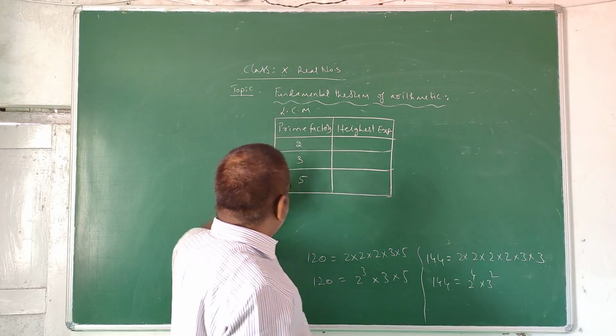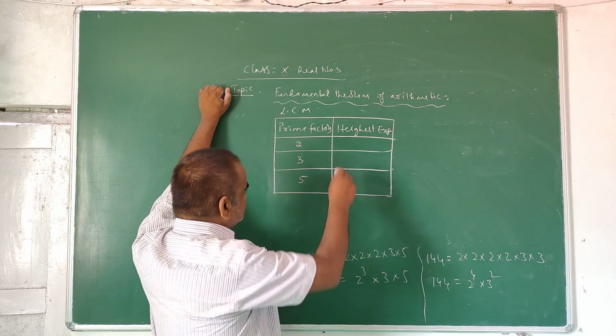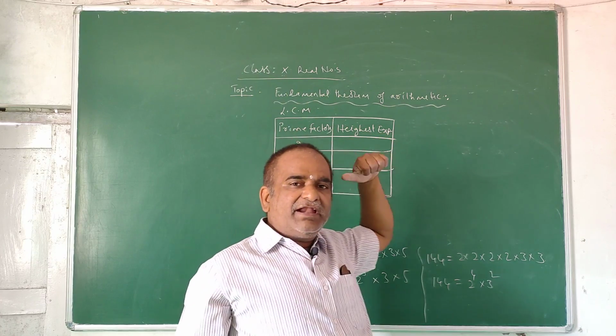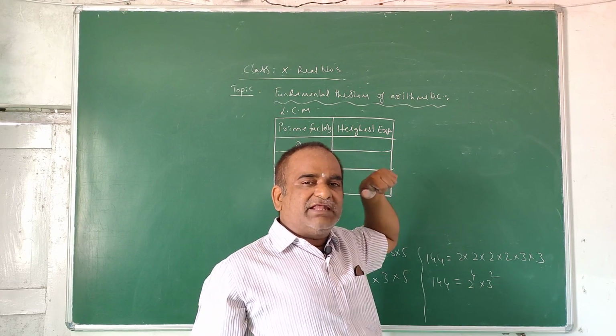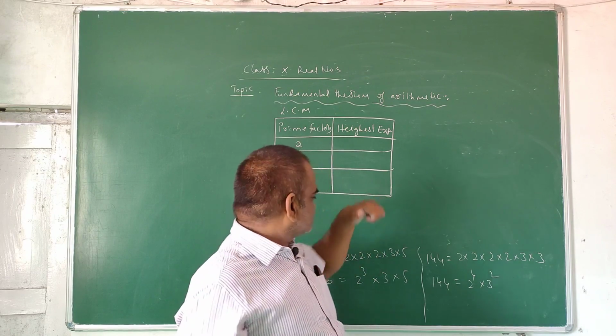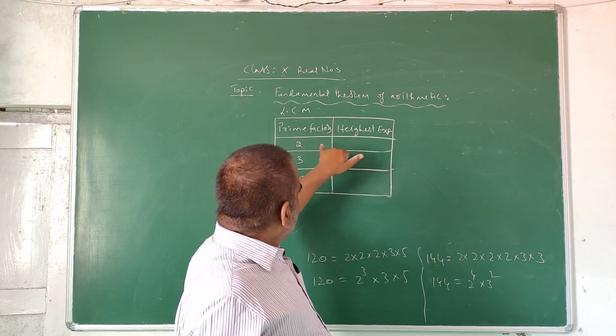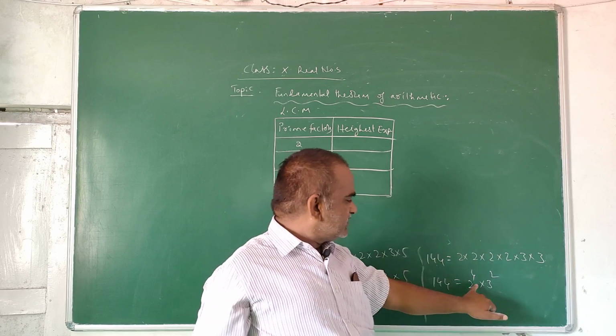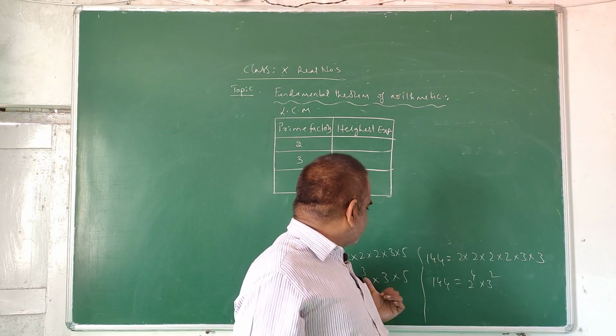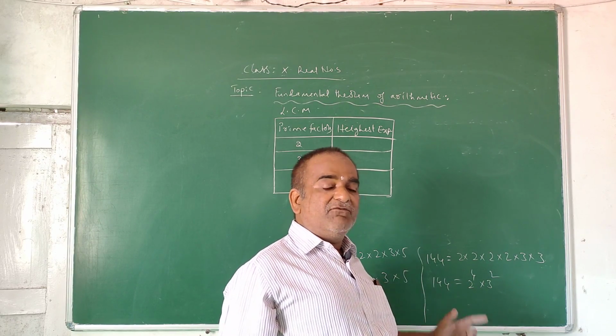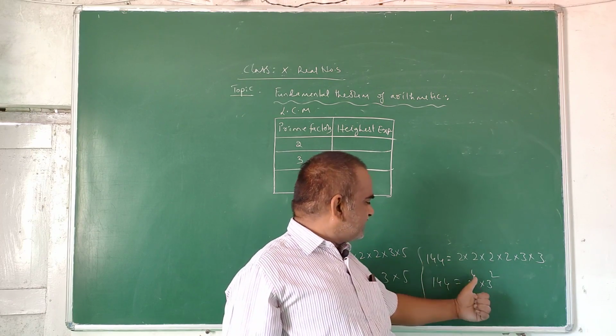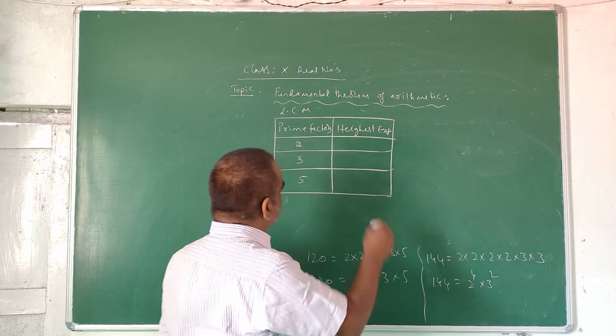So you collect all prime factors. And now write what are the highest exponents you are seeing. So for 2 here the exponent is 4, here it is 3, the highest exponent is 4.